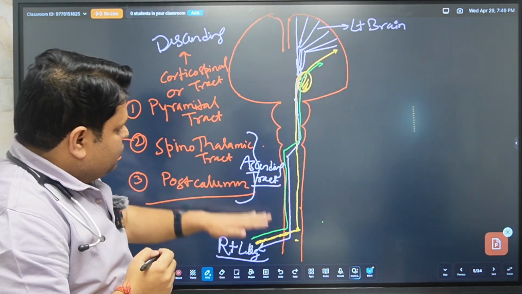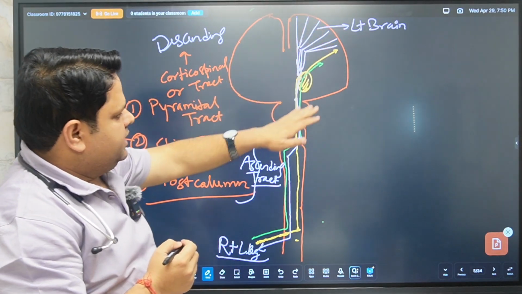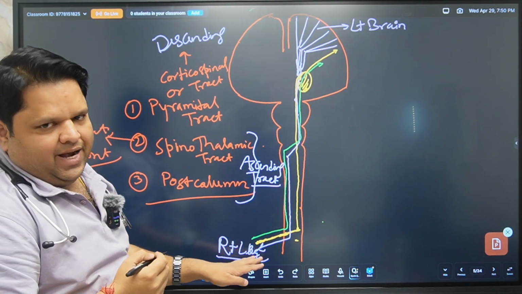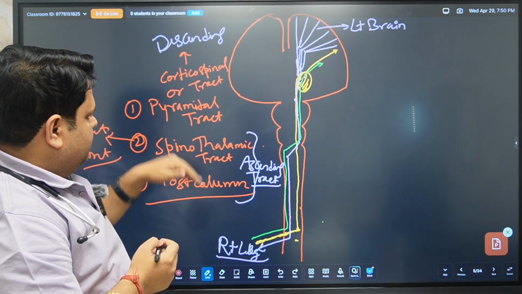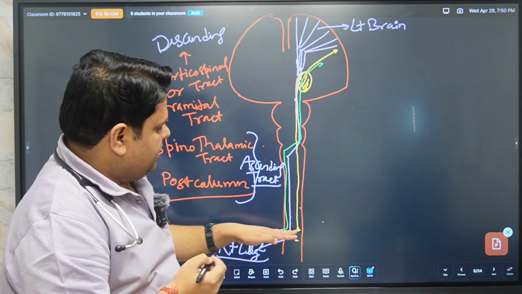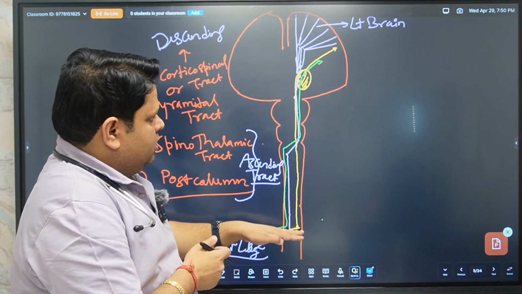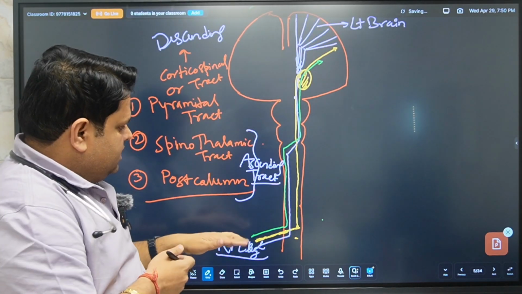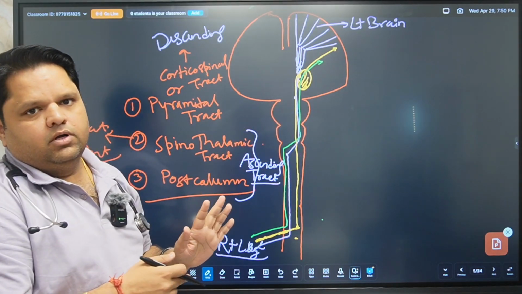So the descending tract, the corticospinal tract, arises from the brain, decussates at the medulla and supplies the right side of the body if the fiber is on the left side. Then the spinothalamic tract from the right leg crosses the midline at the level of the spinal cord, reaches up to the thalamus and the cortex, and the dorsal column also decussates at the level of the medulla.